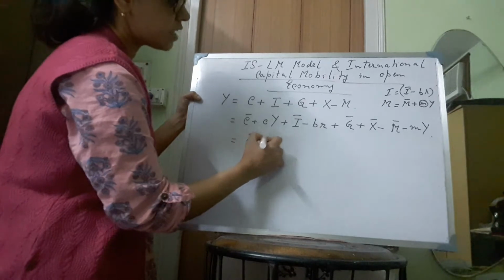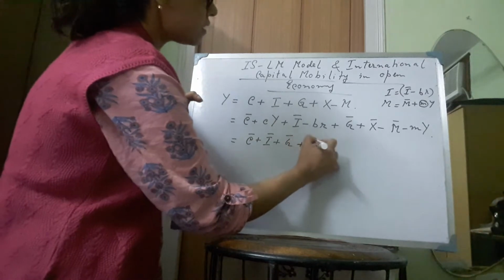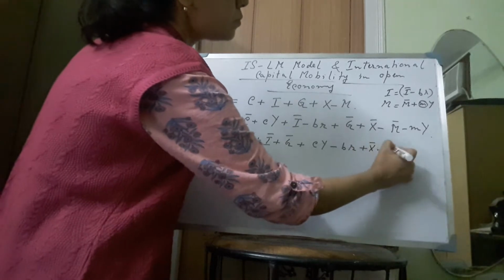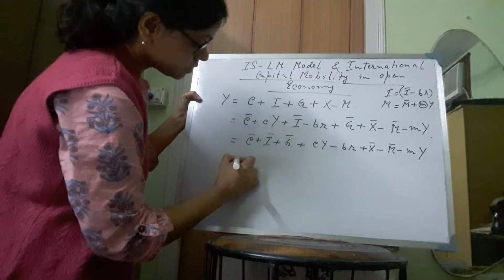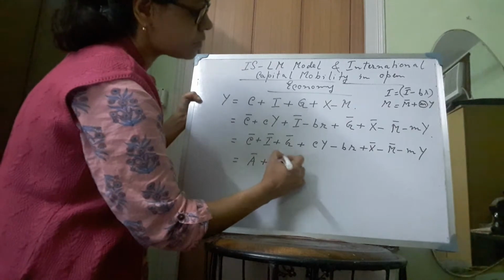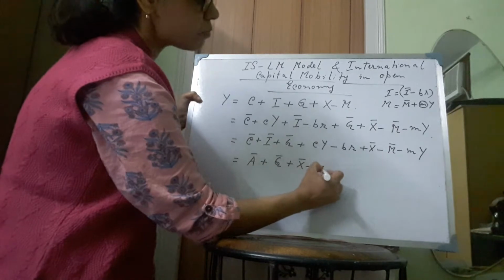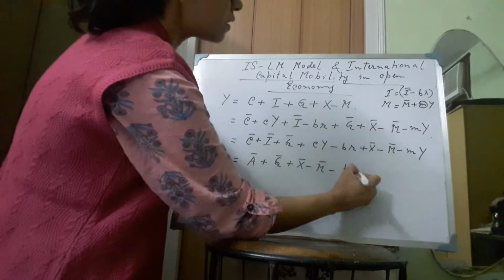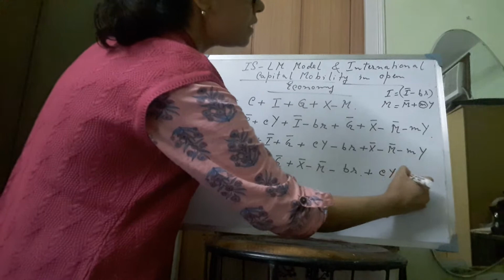Now we can write C bar plus I bar plus G bar plus cY minus br plus X bar minus M bar minus mY. Now C bar plus I bar plus G bar can be denoted by capital A bar. Then capital A bar plus G bar plus X bar minus M bar minus br, then plus cY minus mY.